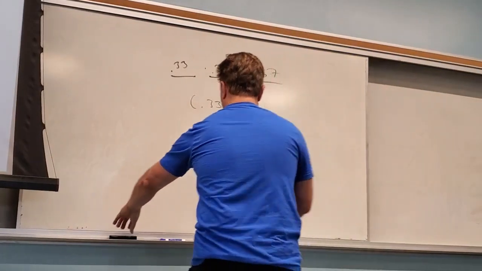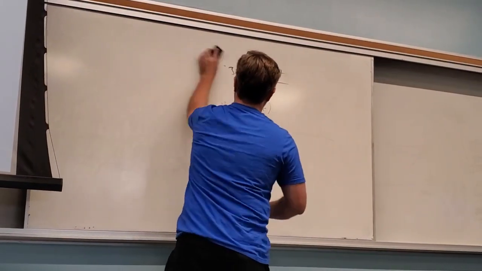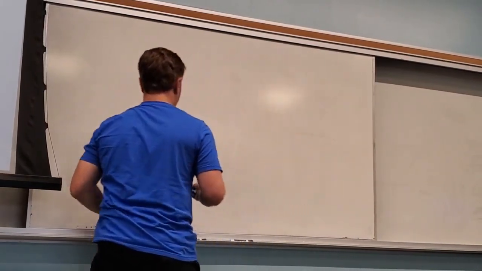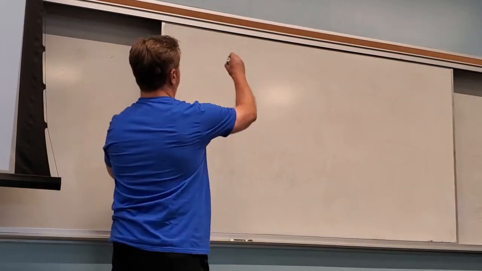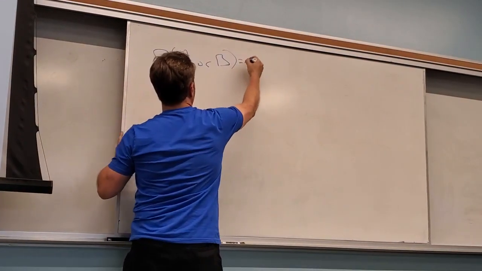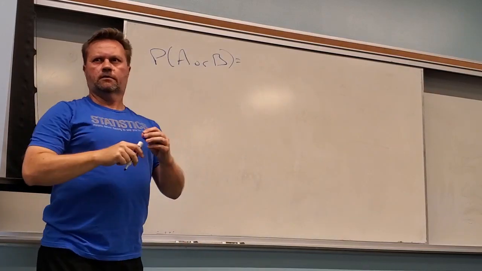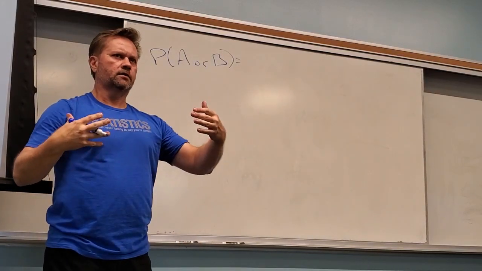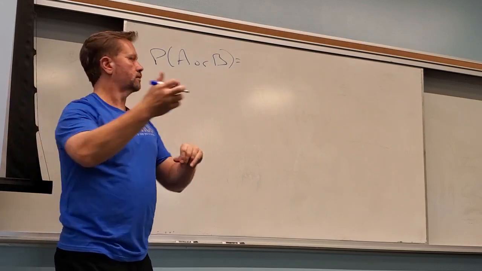Anything else? Then I want to make sure we have the right formulas on our sheet. So let's talk about the formulas real quick. There's only 3 formulas, really. What was the probability of A or B? What does or mean, basically? Add. I love it.